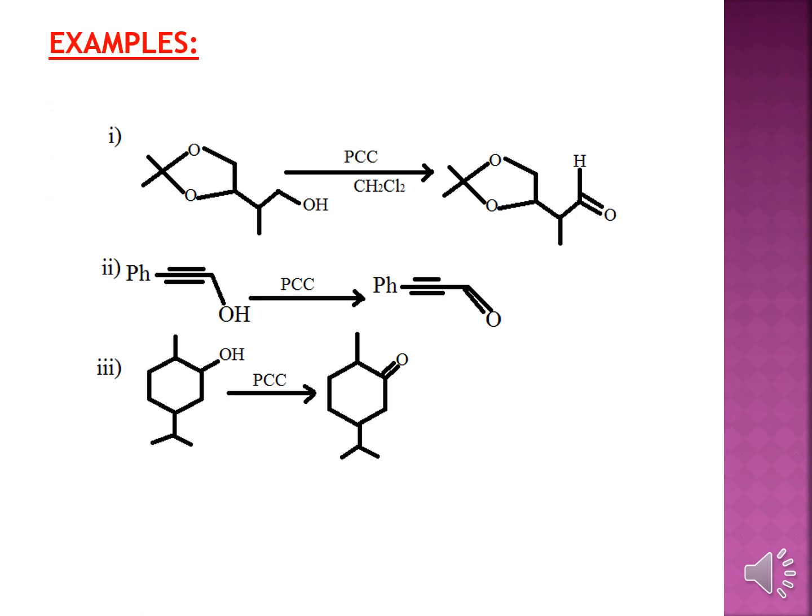Here you can see some examples. It is oxidizing alcohols to aldehydes or ketones. If you see the primary alcohol, when it is treated with PCC in a solvent such as dichloromethane, the alcohol group converts into the aldehyde.